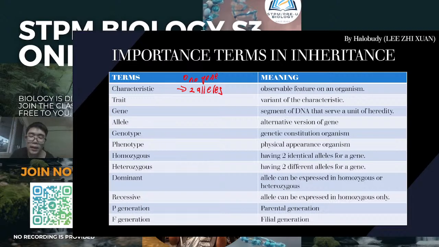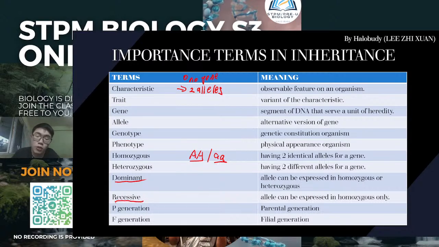Homozygous means two identical alleles for a gene, like either capital A or smaller a only. Capital A means it is dominant, and smaller a is recessive.